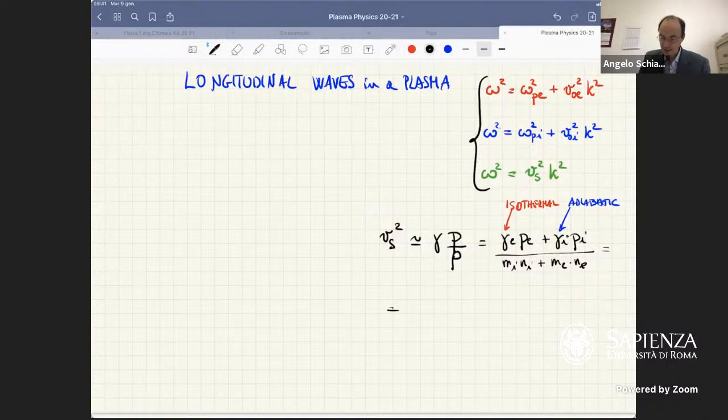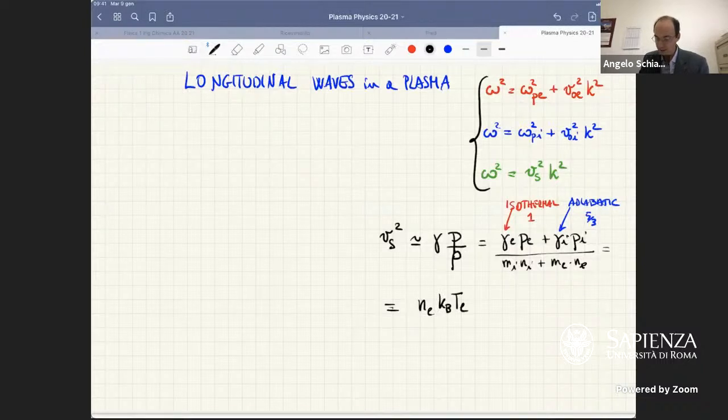So we can translate our acoustic speed. We say that this gamma is 1 and this one here is 5/3, or whatever it is depending on the dimension. So the first term becomes the pressure of the electrons, and the pressure of the electrons is the density of the electrons times k_B, temperature of the electrons.